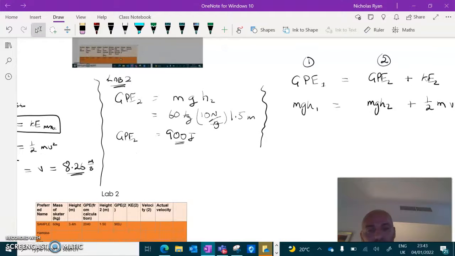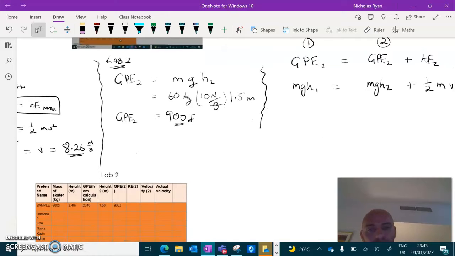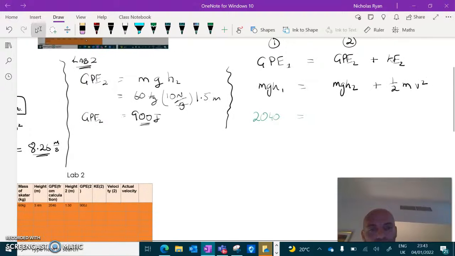So we know that our gravitational potential energy here was 2040 joules. And we know that here we've got 900 joules that we just calculated from down here. And that's equal to a half times the mass times the velocity squared.